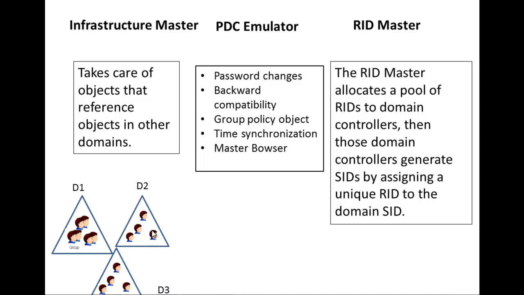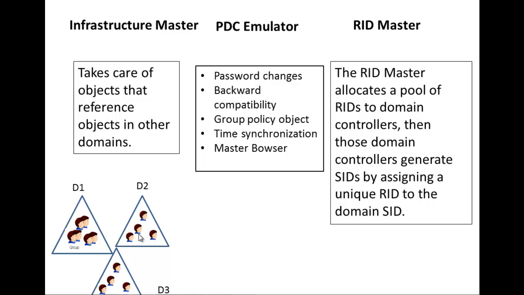There's one thing that we need to note about this Infrastructure Master role. It needs to run on a domain controller that is not a global catalog. And we have looked at global catalogs in previous sessions.